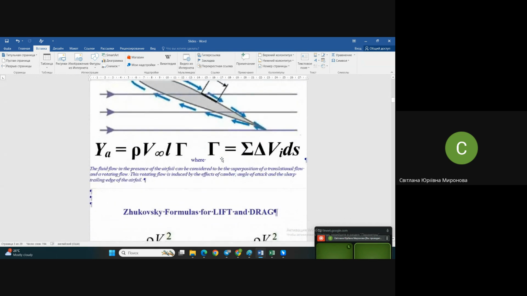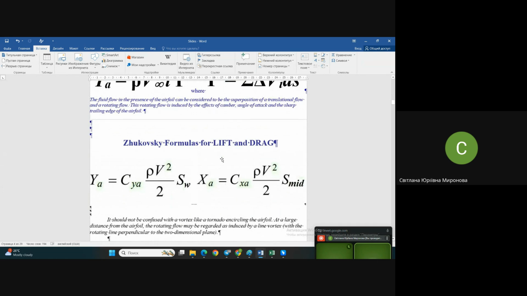And these Newton formulas, in the way they were written down in the 18th century, actually give unrealistic results. They are not scientifically correct.